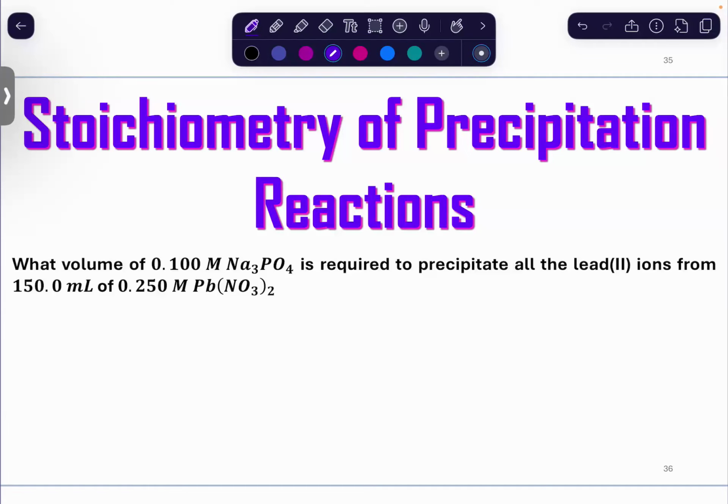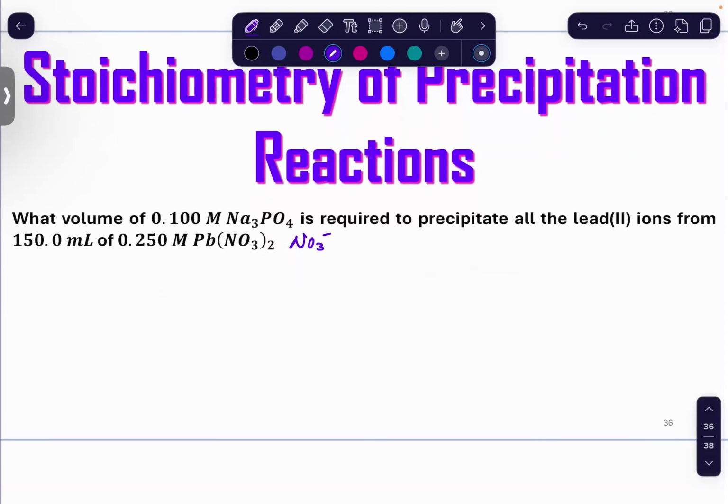Let's see, what do we have there? Each nitrate is a -1. There's two of them, so it has to be lead 2 nitrate. Okay, so basically what it's saying is how much of the sodium phosphate will completely react with the lead 2 nitrate. Okay, so the volume of sodium phosphate is what we don't know.